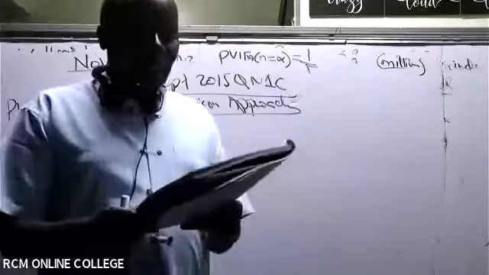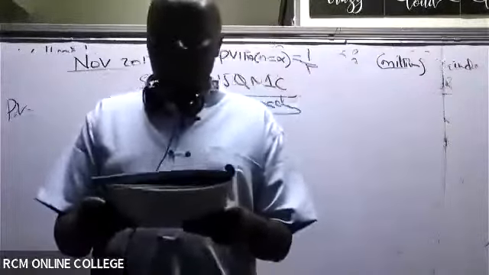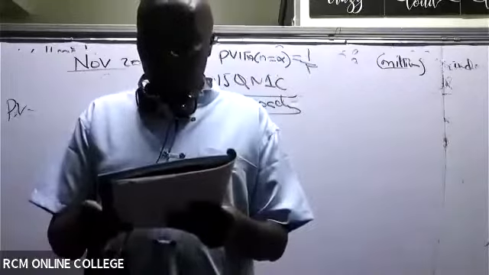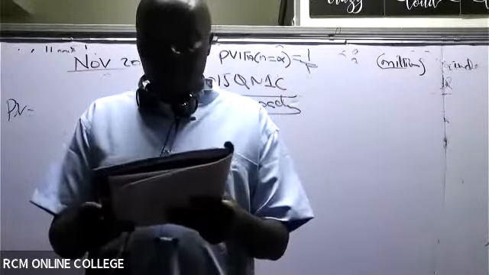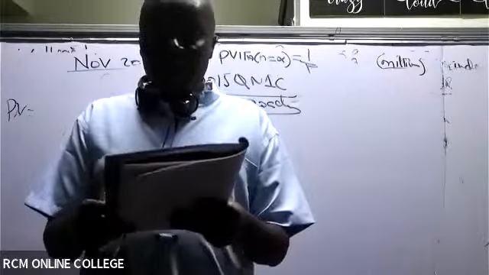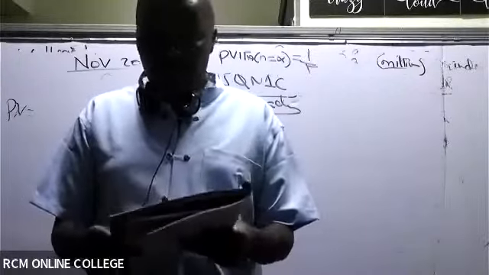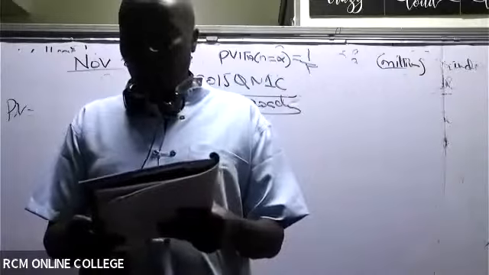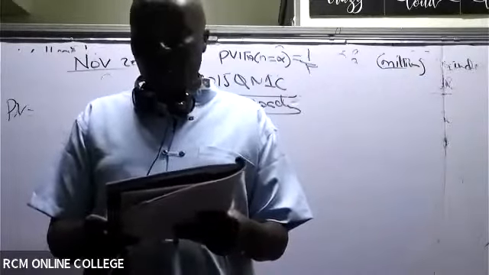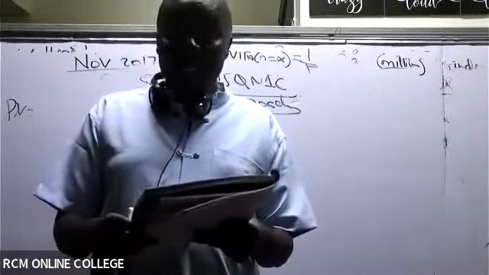An appraiser has been asked to estimate the value of a warehouse. He has collected the following information. You can see the subject property is quite a small one, 30,000. And then we have comparable properties 1, 2, 3. You can see they are of different sizes and different ages in years.